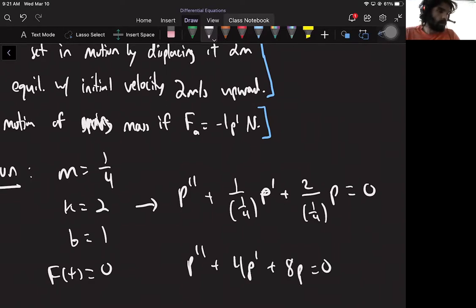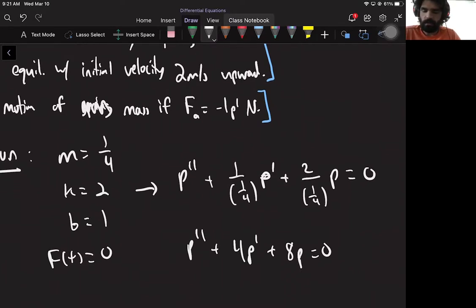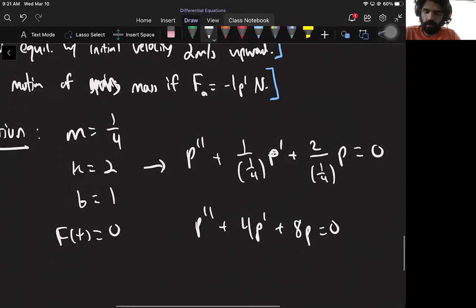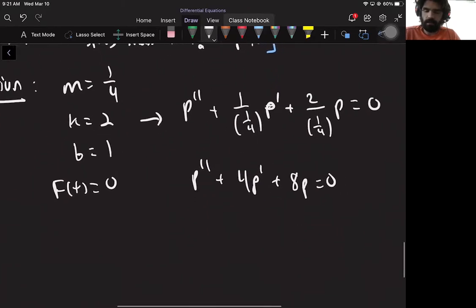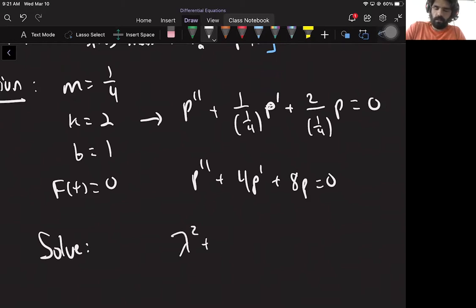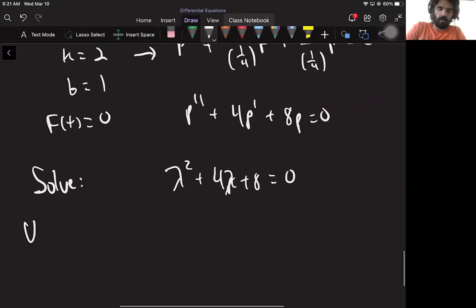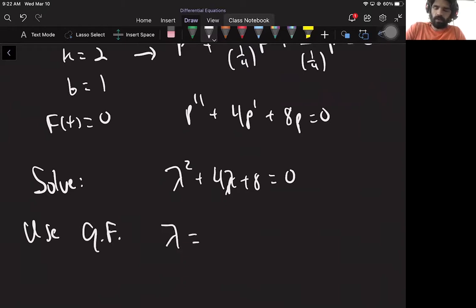Okay, so this one's going to work a little differently. The idea is that the air resistance is so low that something a bit more interesting happens than last time. And let's see how that's reflected in our solution. All right, so we solve with the characteristic equation. The difference is that this time we can't factor it. We're going to have to use the quadratic formula to solve for lambda.